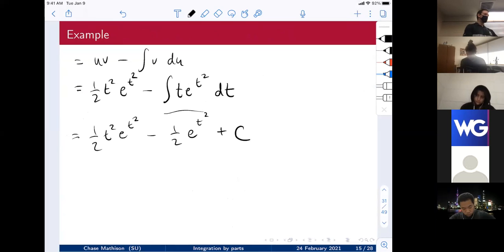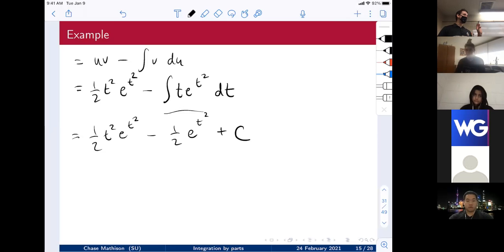Again, this is a very tricky integral. I wouldn't throw this one at you on an exam. I would give this to you as a week-long project to walk you through the steps of getting this.